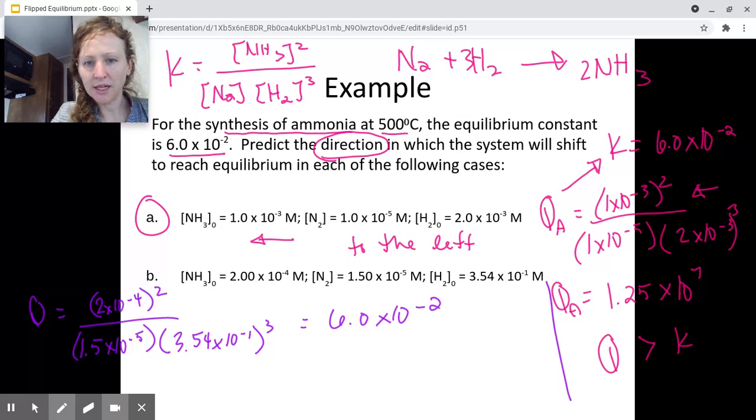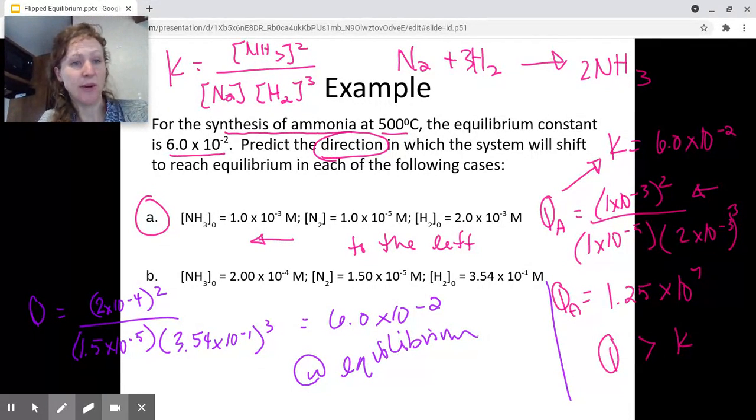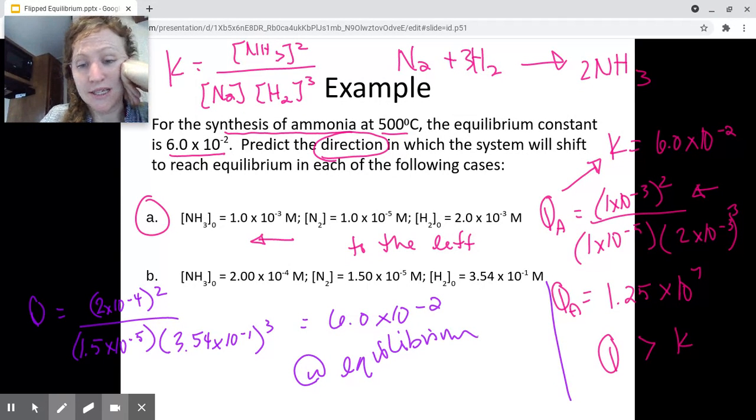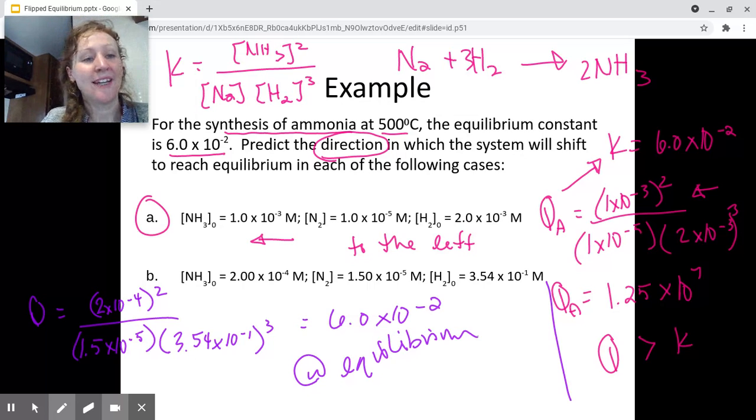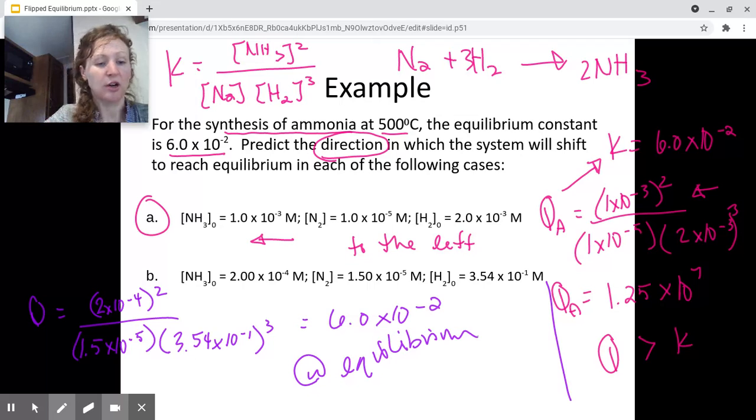Well, look at that. That's at equilibrium. So it's not going to shift anywhere, right? I'm already at equilibrium. The rate is going at the same rate in both directions. So it's not shifting anywhere. There you go. So now we have the ability to calculate Q, compare it to K, and figure out which direction the reaction's going to go.